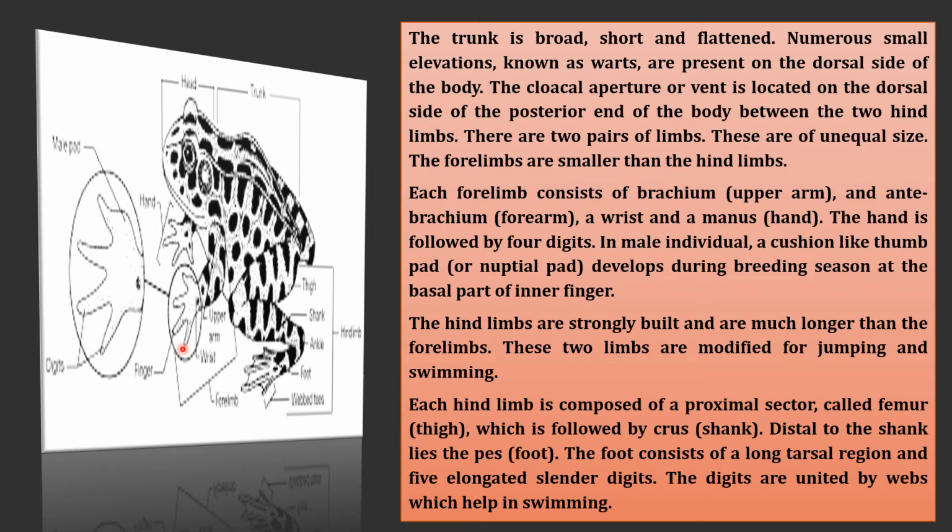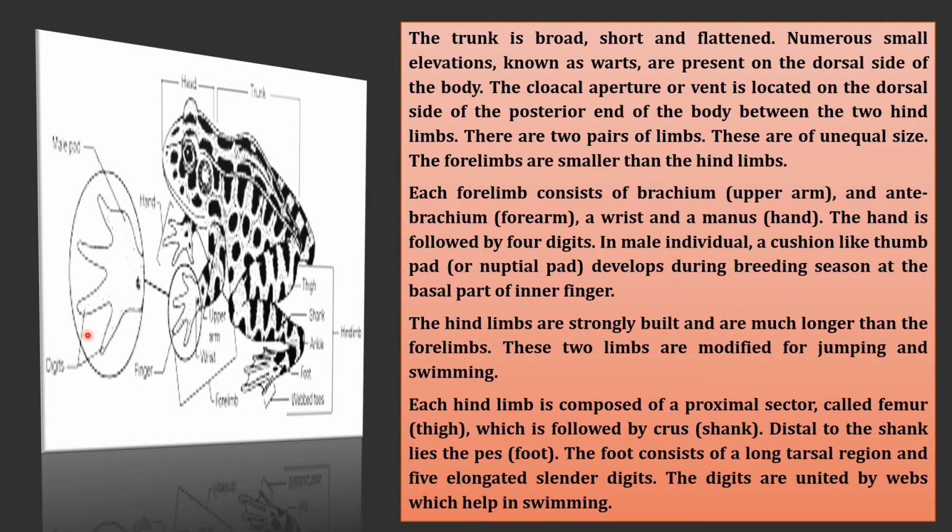In male individual, a cushion-like thumb pad or nuptial pad develops during breeding season at the basal part of inner finger. This is a characteristic by which you can differentiate between male toad and female toad.